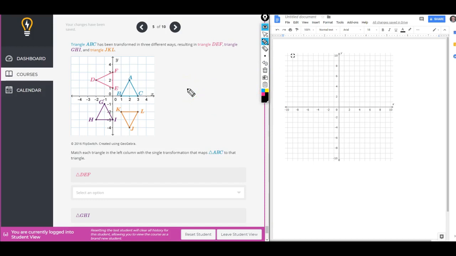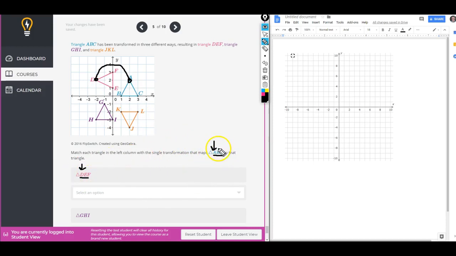So now the question is, what is it? Again, we're going to be matching corresponding points, and it has to do with the order in which these are labeled. So point A is going to correspond with point D. I'm going to compare this A to this D because of their location in how they titled it.